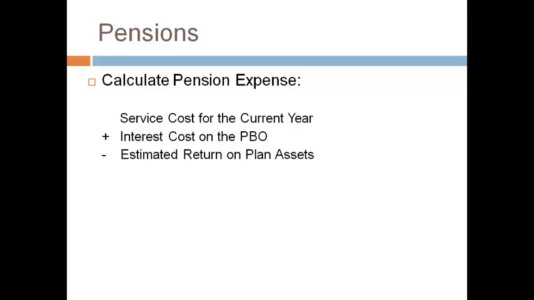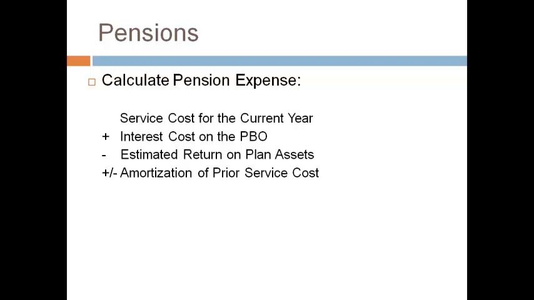The estimated return on plan assets is subtracted from the expense. The company put the cash into the pension trust fund and the company gets credit for the earnings of the trust fund. Any amounts earned by the trust fund will reduce the amount the company has to give the trust fund in the future. An estimated return is used instead of the actual returns. Actual returns are often volatile, moving up and down over the years.